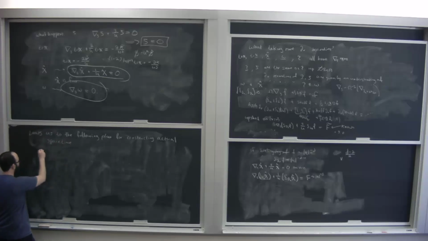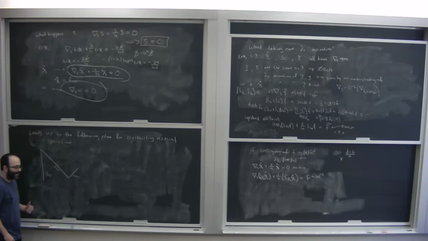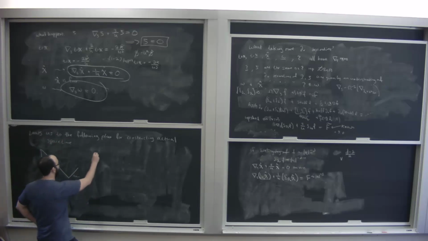Okay, so let's draw our picture again. So we have our origin here. We have this v equals 0. So here I'm flat. Okay, so now what I want to do is I'm going to put something here. Imagine this is going to be u equals -1. Okay, and now I'm going to put data.